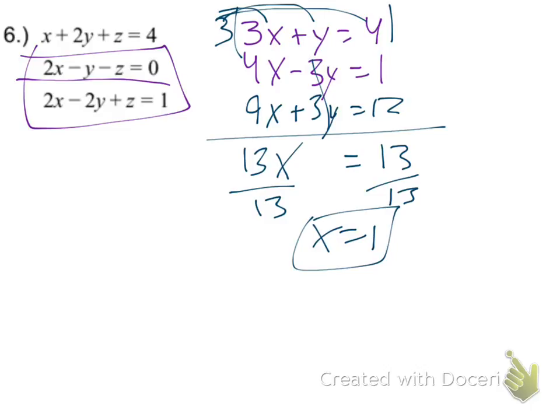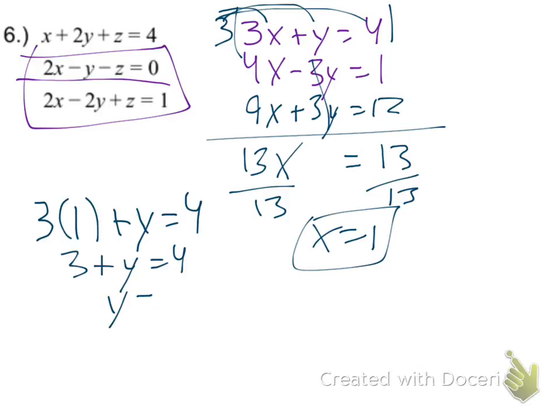So, 3 times 1 plus y equals 4. Well, that's 3 plus y equals 4. Well, then y has to equal 1. I went kind of quick there. We should be at that point where this stuff is pretty routine. Now I know x, I know y. I'm going to place it into one of these 3. Which one do you want to use? I like the last one as well.